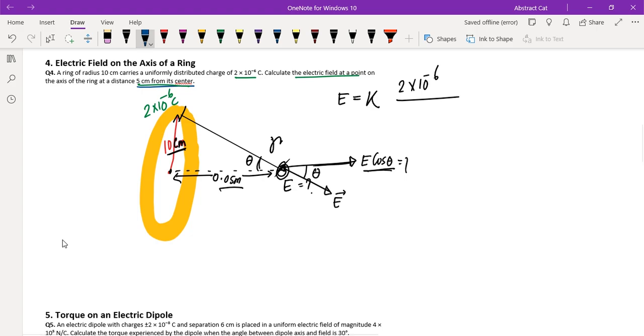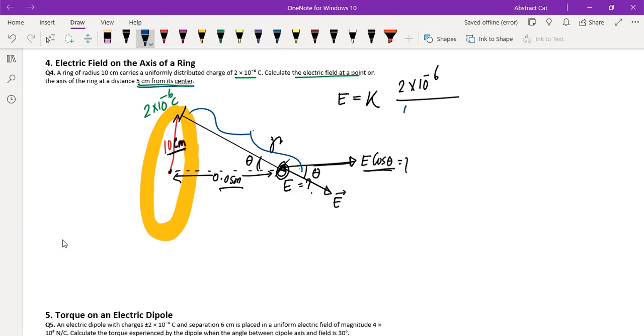That distance is R. The distance now given is R. So that is a right angle triangle, and R is the hypotenuse, that is the base, and that is perpendicular. So 10 centimeter actually. Now convert into meter.